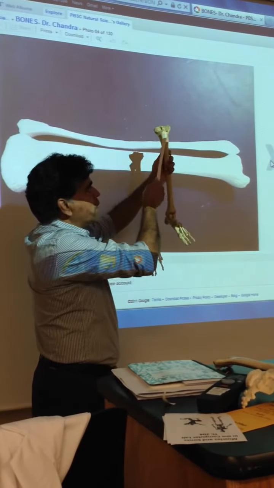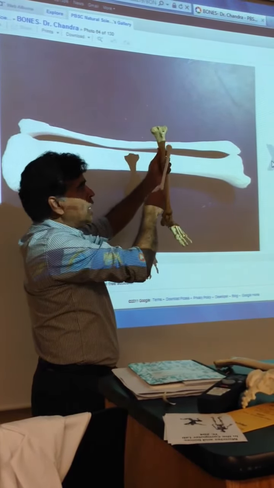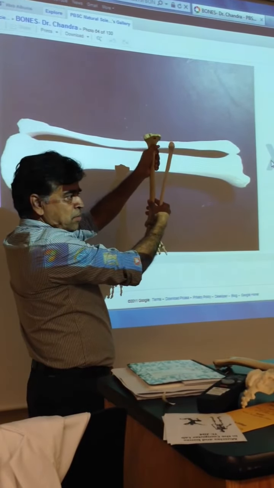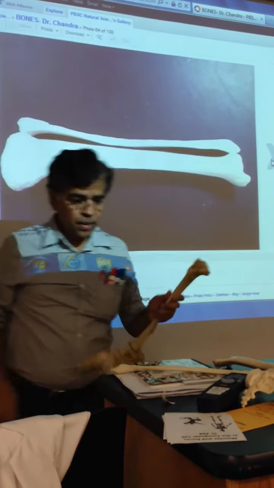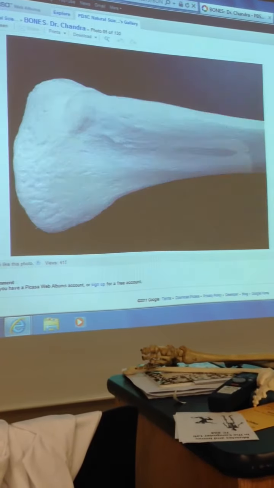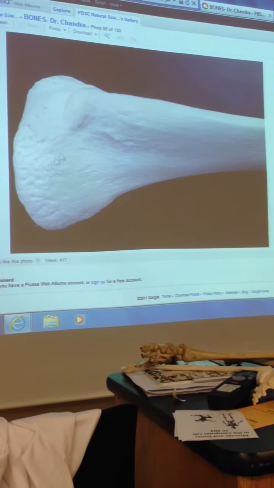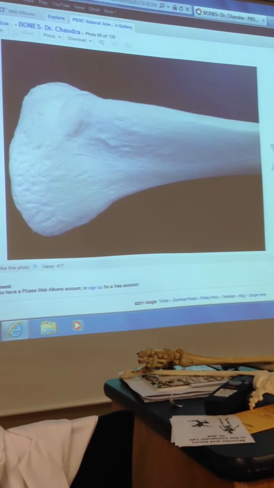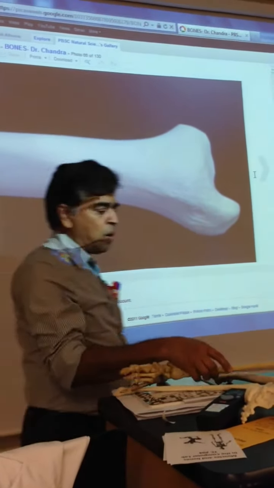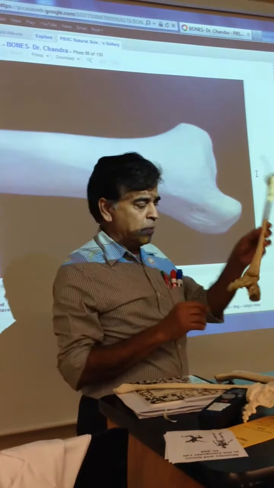The other way you can tell the front is the tuberosity. Right below the head, you see the tibial tuberosity. At the inferior end, what is the name of the part?